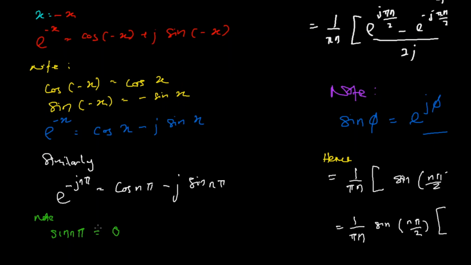So n is just like 1 pi, 2 pi, 3 pi, which will be 0. Hence this entire thing I can see as 0. So I can say this is cos n pi.